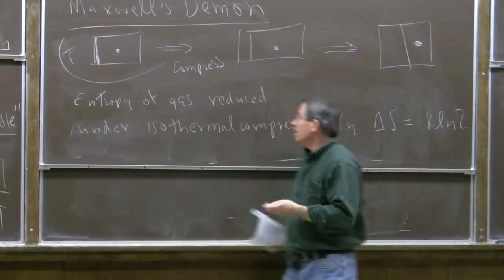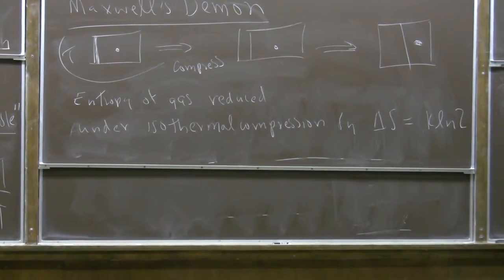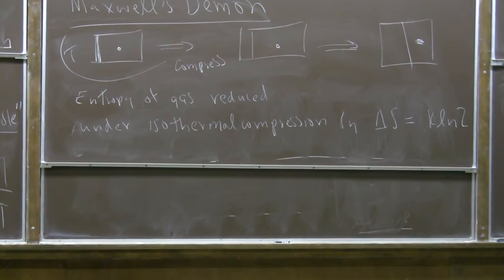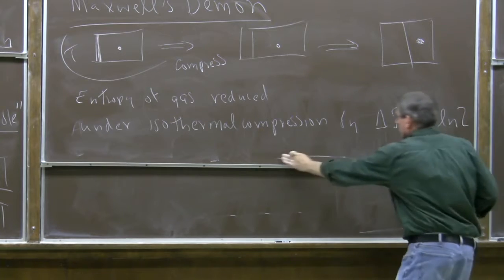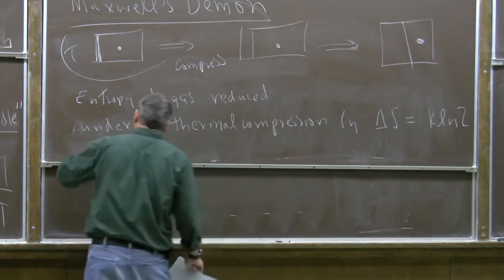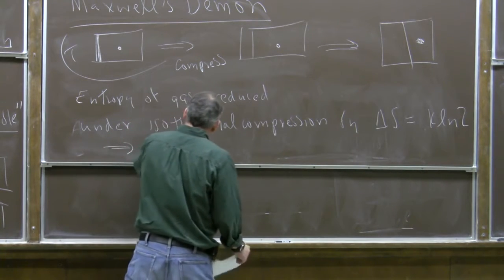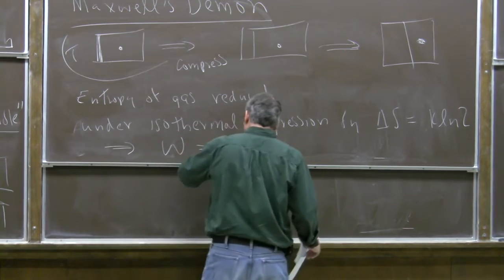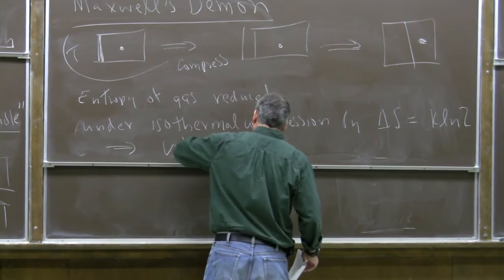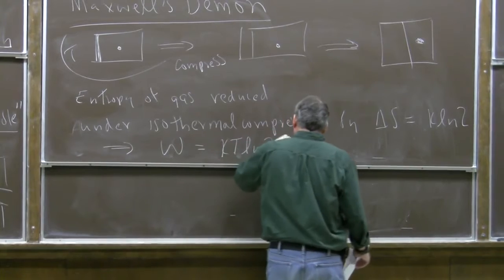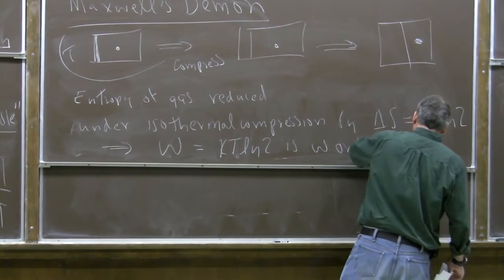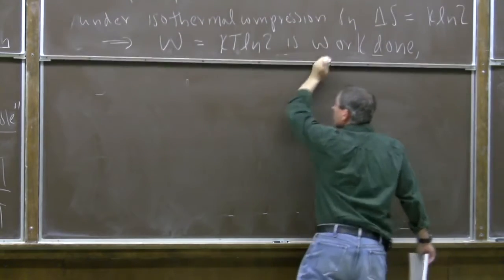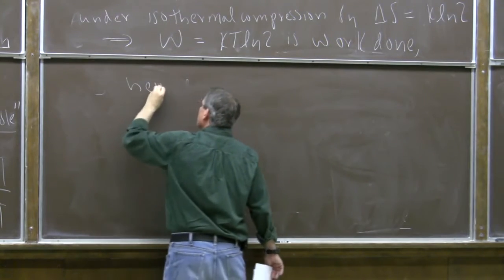Because I'm compressing, I'm doing work on the gas, but it stays at temperature T. So there's going to be heat flow from the gas back to the reservoir. So W equals kT log 2 is the work done, hence heat flow back to the reservoir.